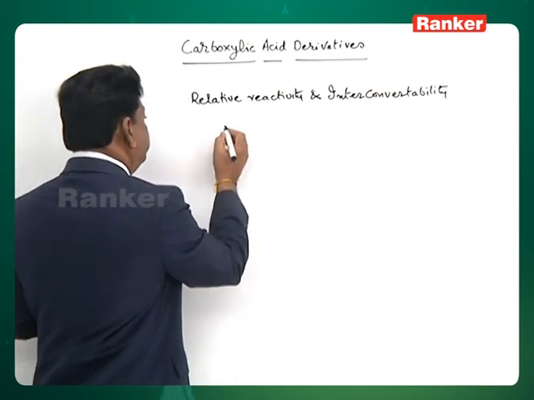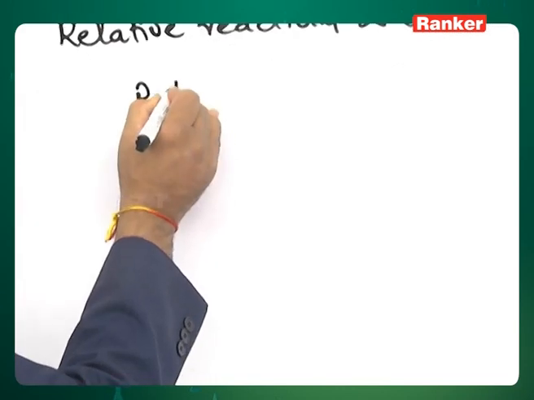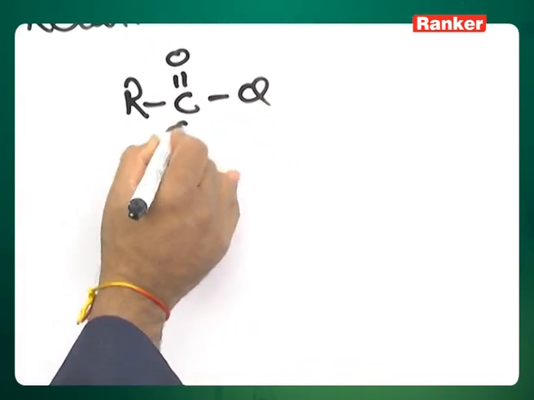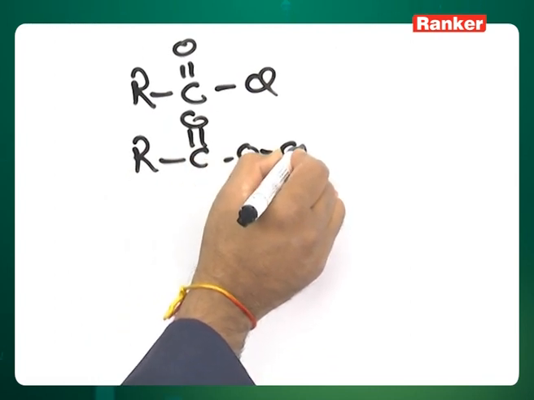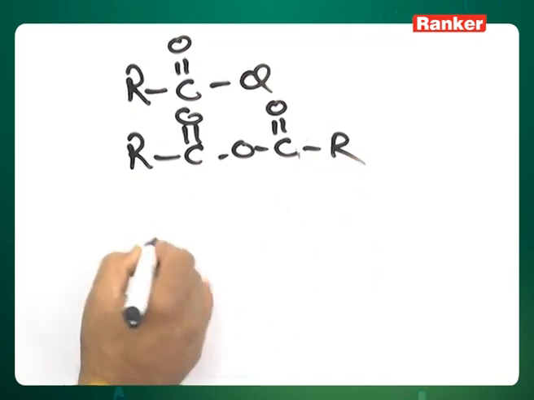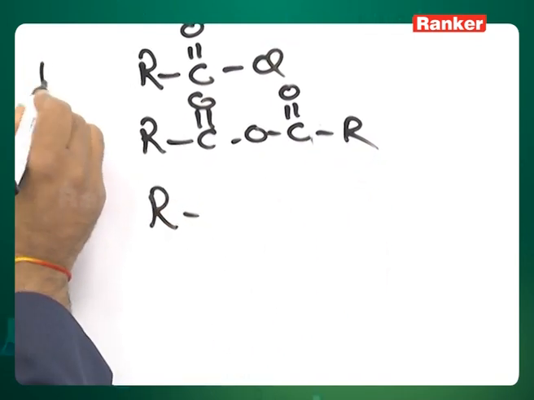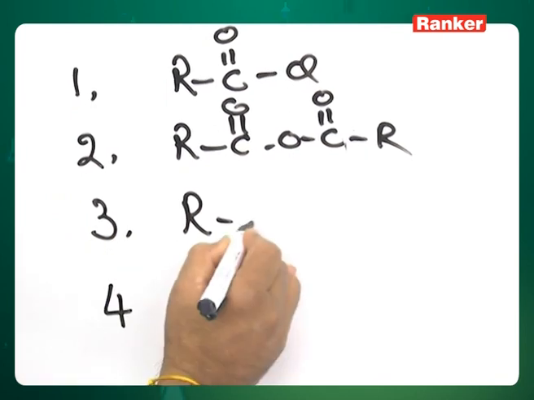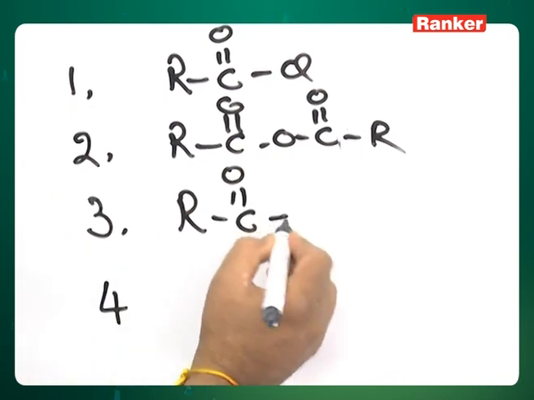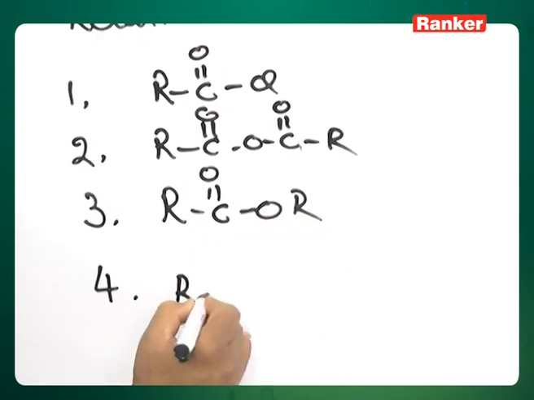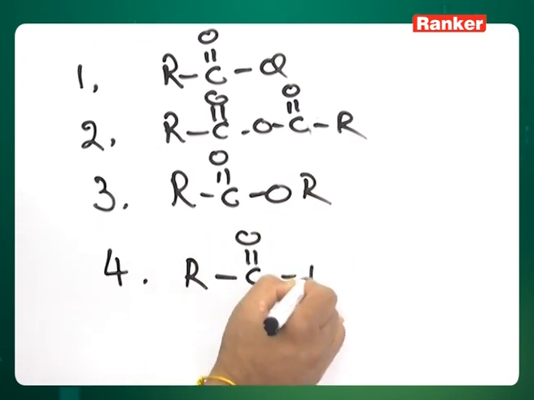So, here, if you take a carboxylic acid halide and the anhydride, third one, let us take 1, 2, 3 and 4. 4 derivatives I said, RCOOR, fourth one RCONH2.